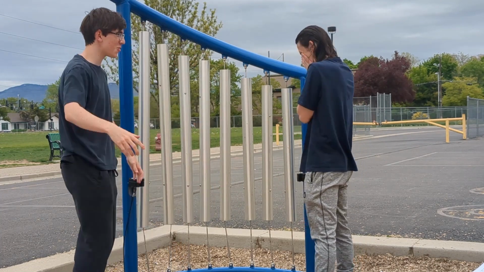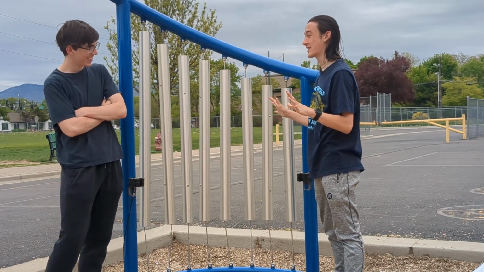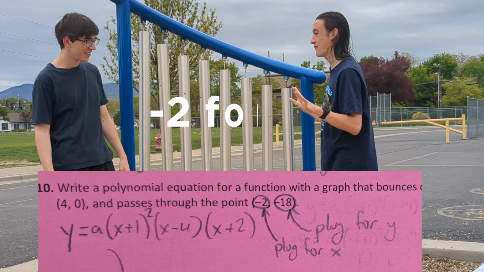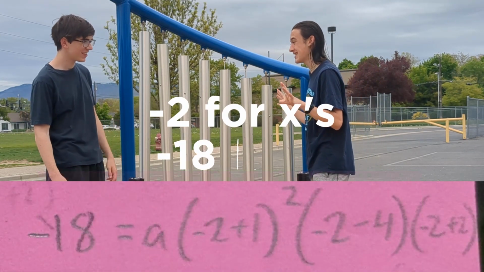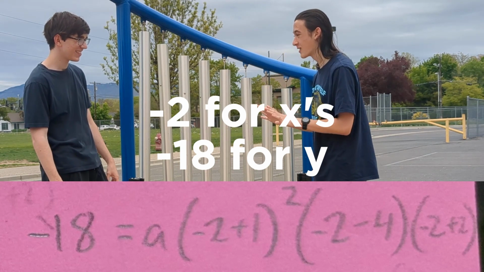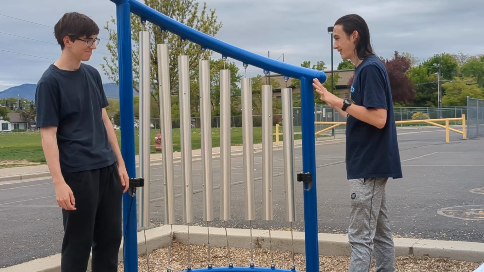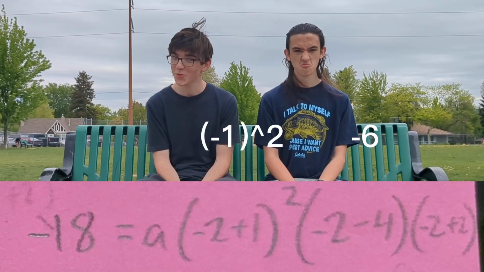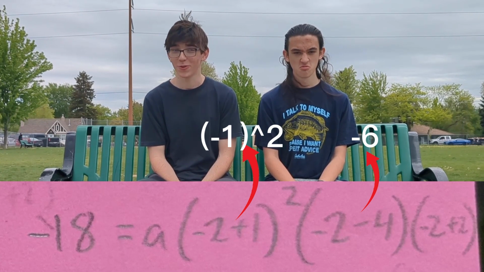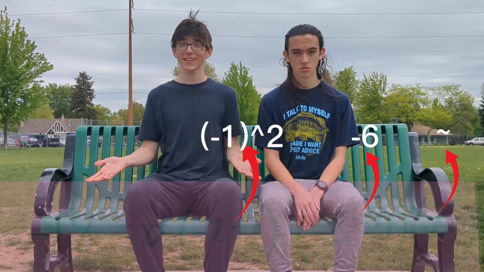Am I correct or what? You plug negative 2 in for the x's, negative 18 in for the y, leaving a as our only unknown value. That makes negative 1 squared, which is just 1, and negative 2 minus 4, which is negative 6. And the plus and minus 2, they just cancel out, so we don't even count those.